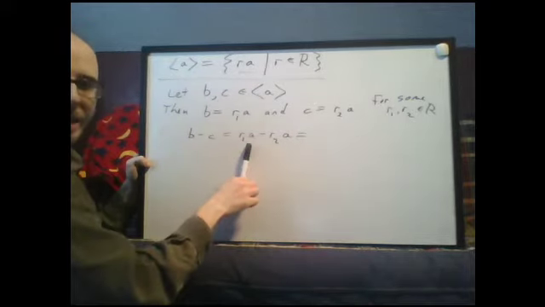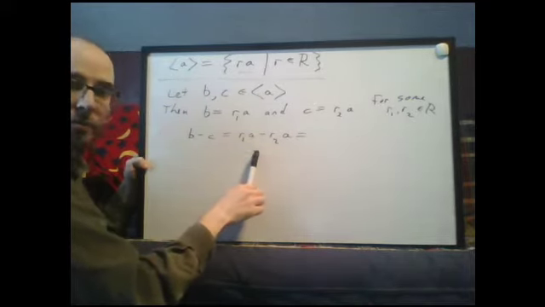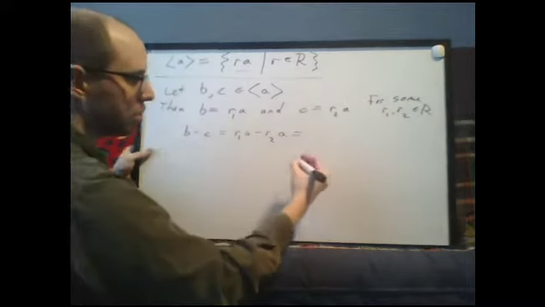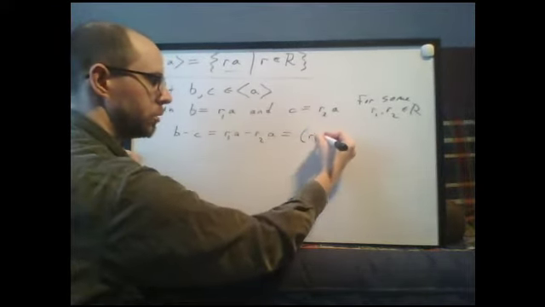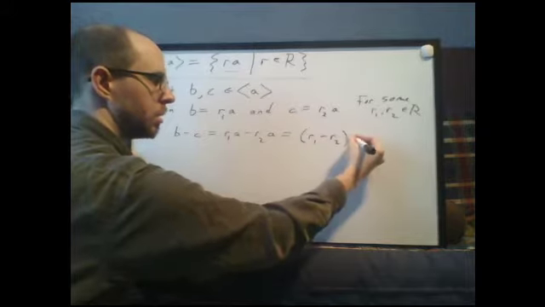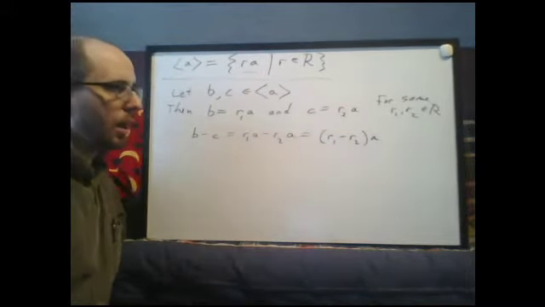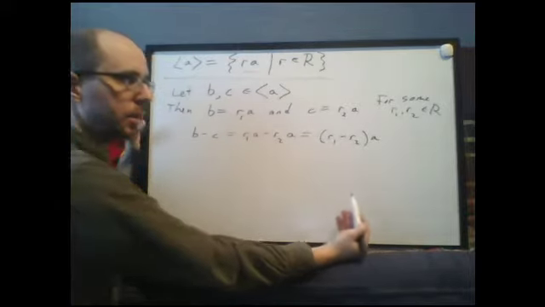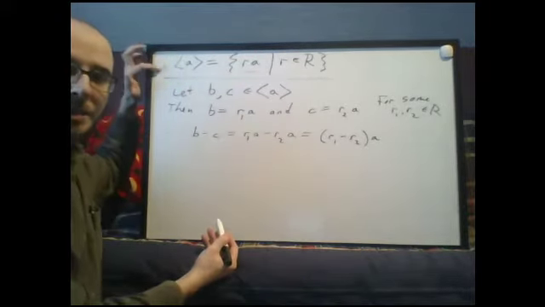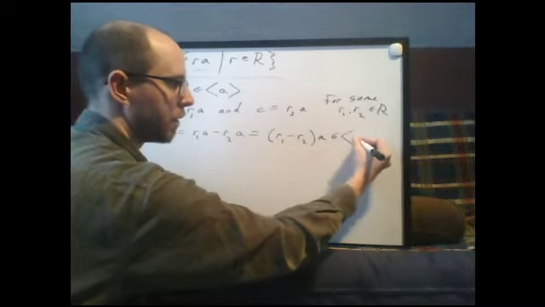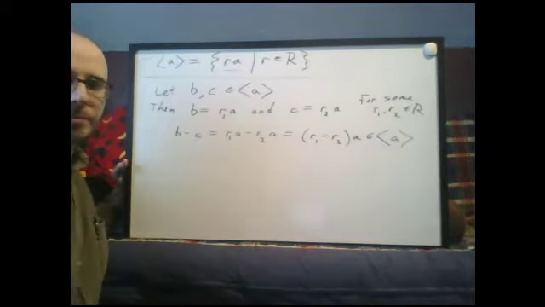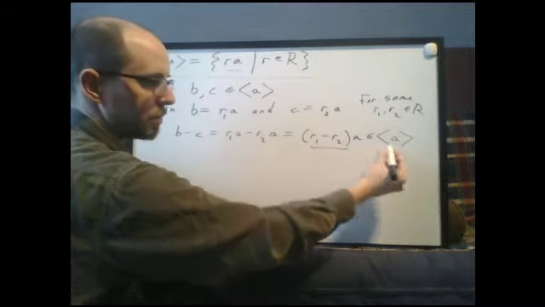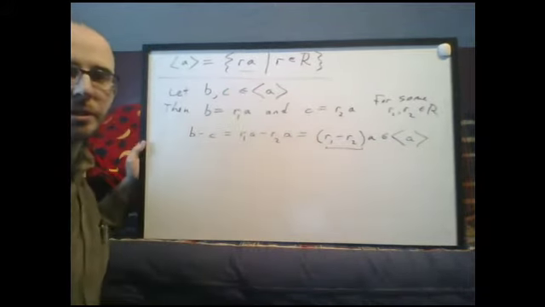These have A in common, so by the distributive property of rings, we can pull the A out, and we have R1 minus R2 times A. And the point is, this is something times little a. So by definition, that's an element of this ideal, of this set. It's something times a, that meets this definition.